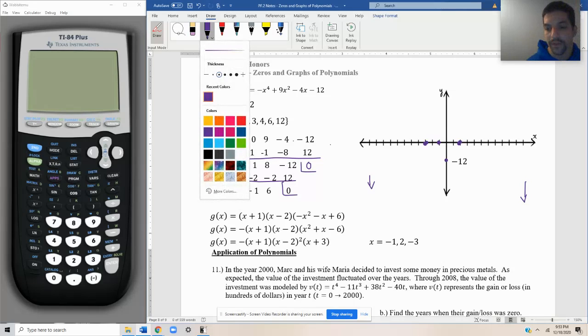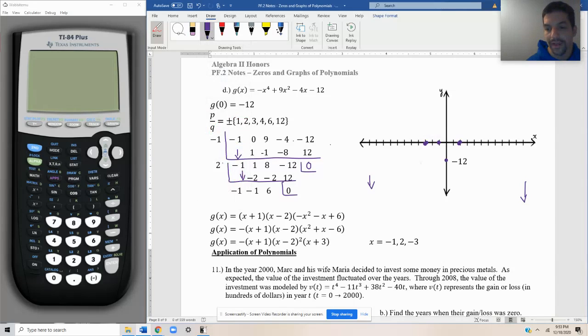Should go down at both ends. So I'm going to have it going down here from negative 3, go through negative 3, go through negative 1, pass through my y-intercept, turn around, come up to positive 2, bounce off positive 2, and finish going back down to the right.